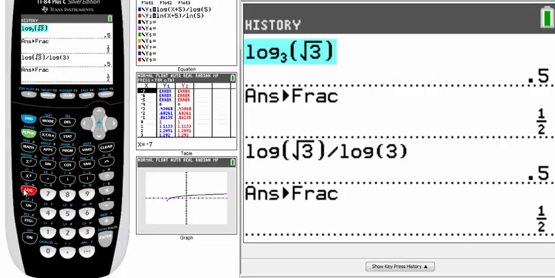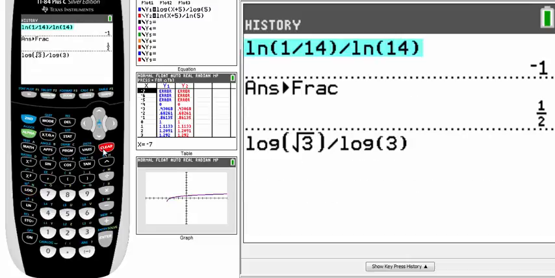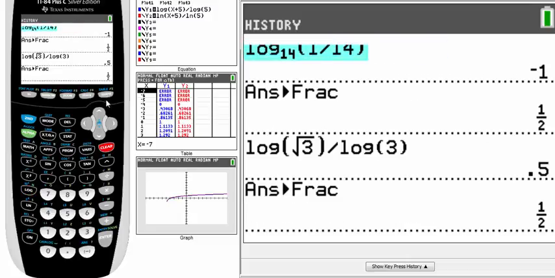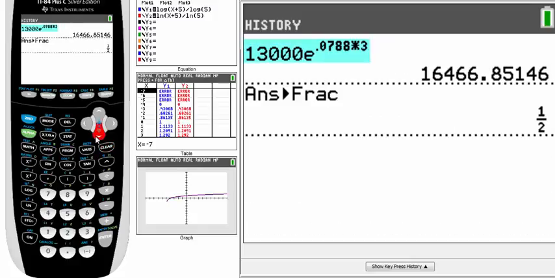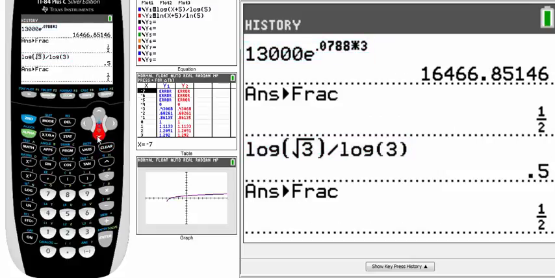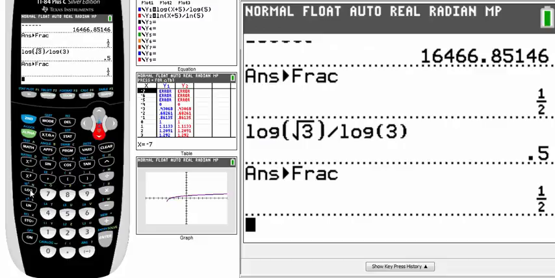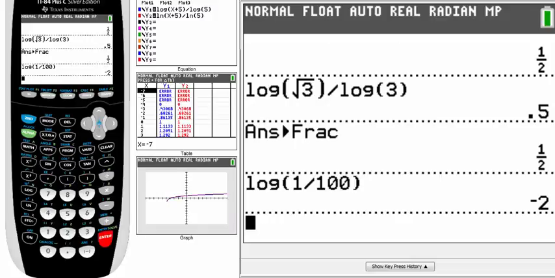I just use my log key because I'm using the common log. Let's get to a blank screen here. Okay, so log of 1 over 100. So no conversions here because I'm using a common log, and you can see I get negative 2.